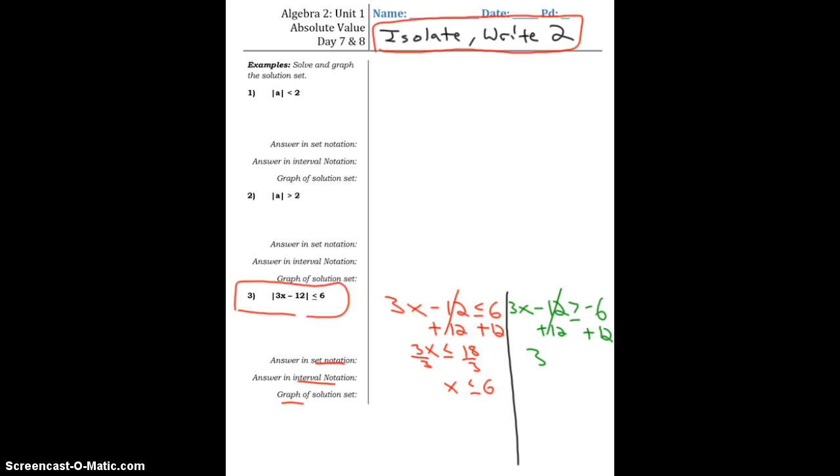Negative 3x is greater than or equal to 6. Now we're going to divide by 3. And you get x is greater than or equal to positive 2.